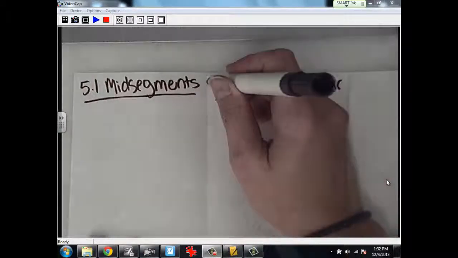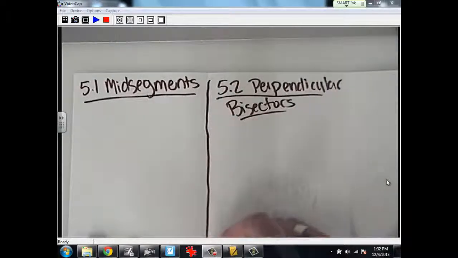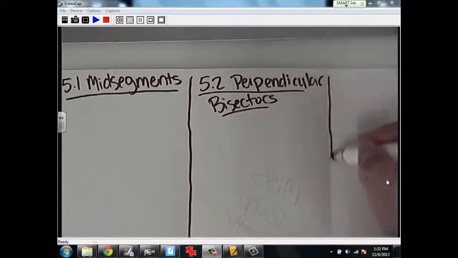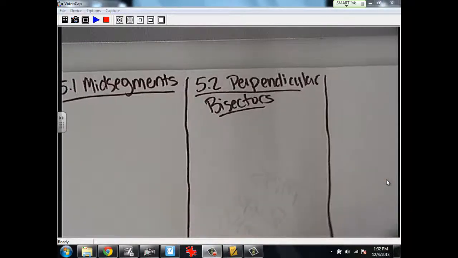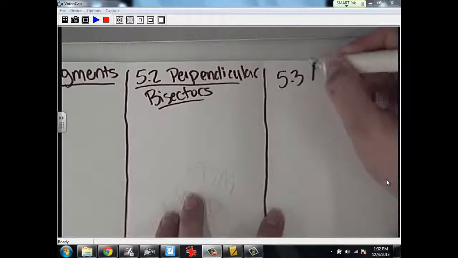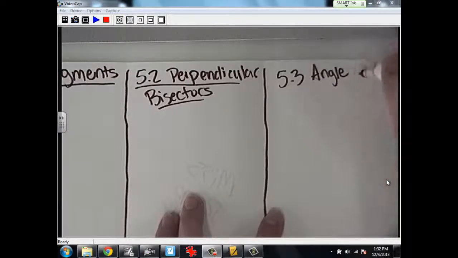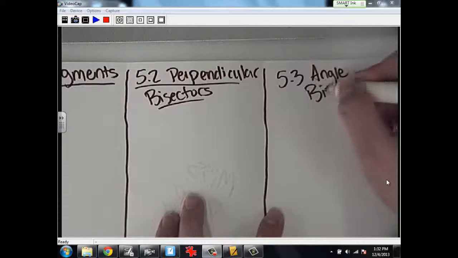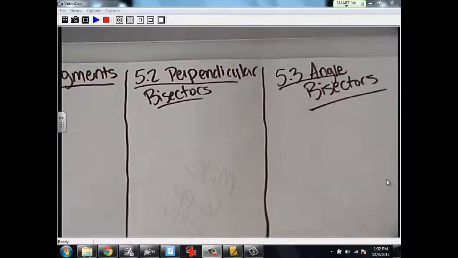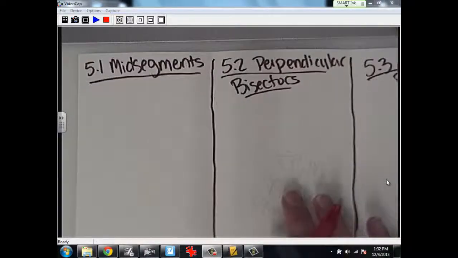If you want to make it all pretty, you can draw your lines in there, doodle a little bit. And 5.3. 5.3 is angle bisectors.